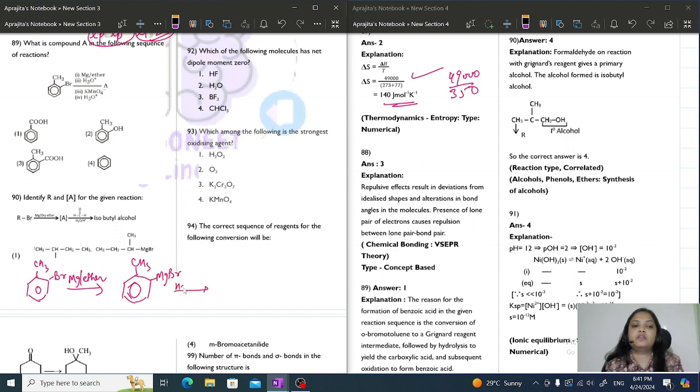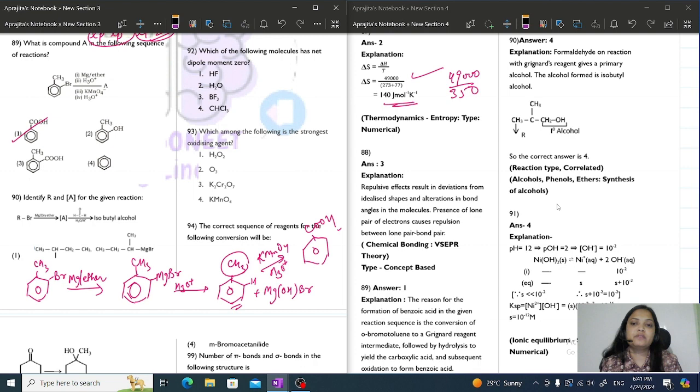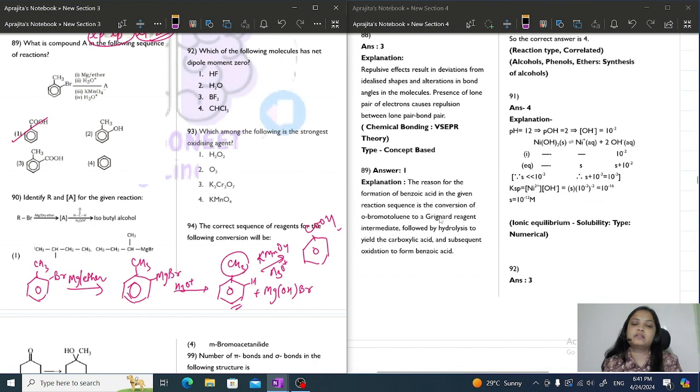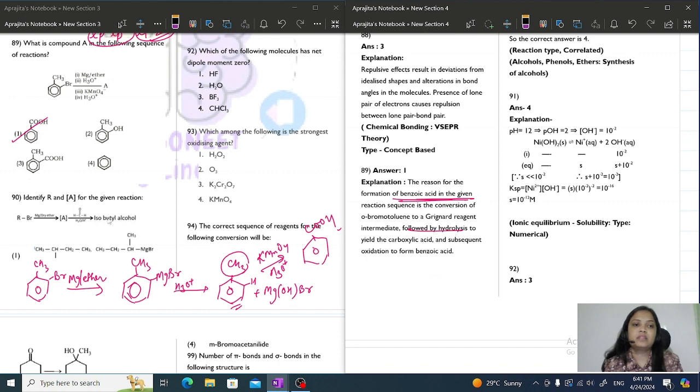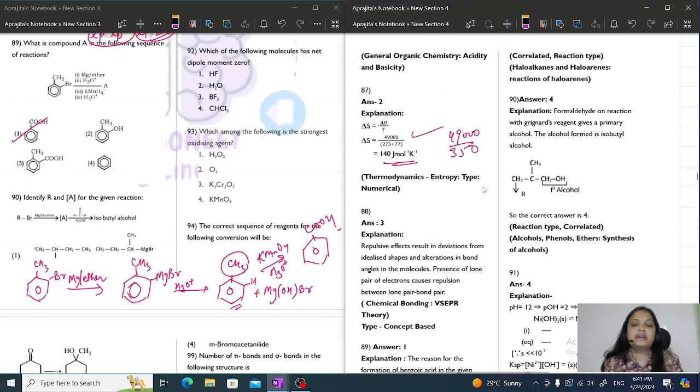And whenever hydrolysis happens, we will get toluene, means of course H will attach here and we get MgOH-Br. This is the first step that happens. So we get toluene, and we know that toluene on oxidation with KMnO4 followed by hydrolysis will give you benzoic acid. So the answer is going to be option number 1, which is benzoic acid. So the formation of benzoic acid takes place. That is the answer. Question number 90.